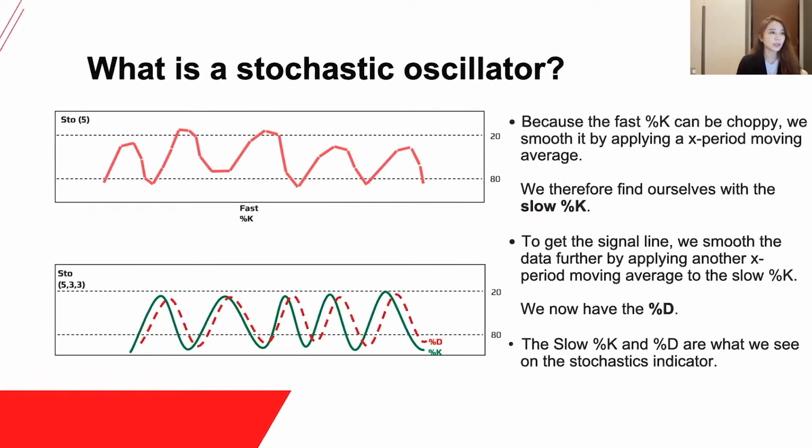Stochastics has two components: percentage K and percentage D, shown in the bottom figure.